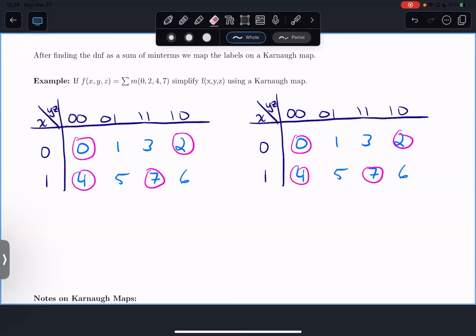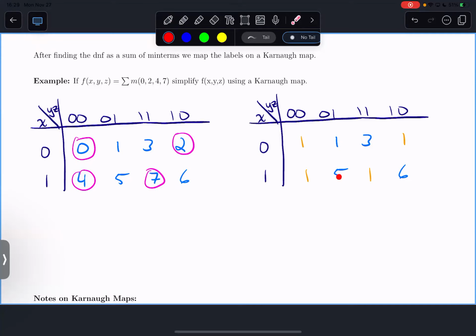And like I said, this is optional, because I find that it's just as easy to work with these circles instead of 1s. Doesn't really matter. Which means that everything that's left over is just going to be replaced with a 0, if you want. Either way, this is an optional step.